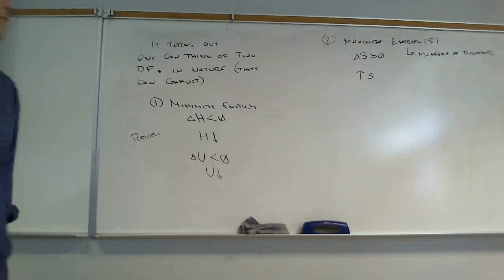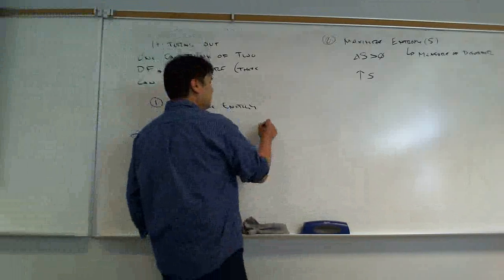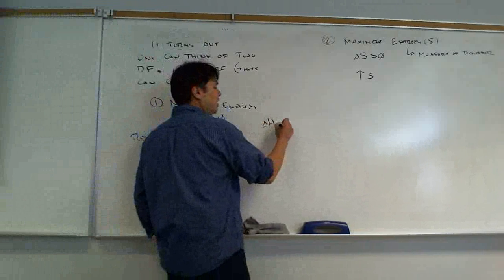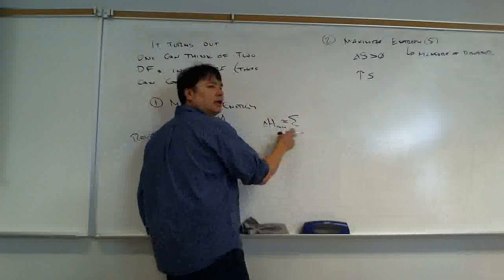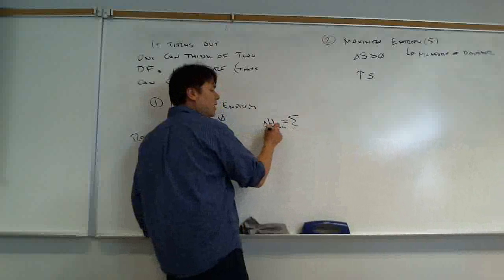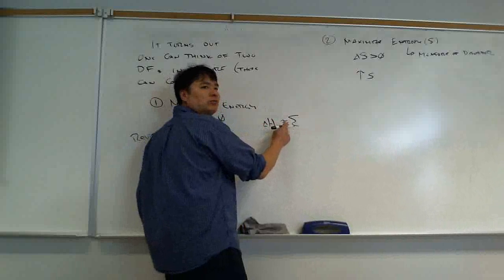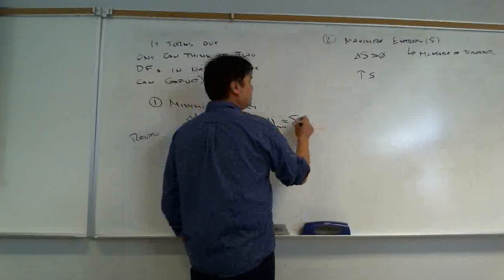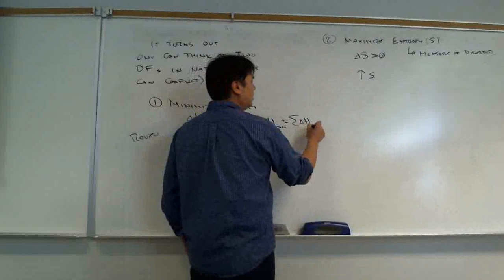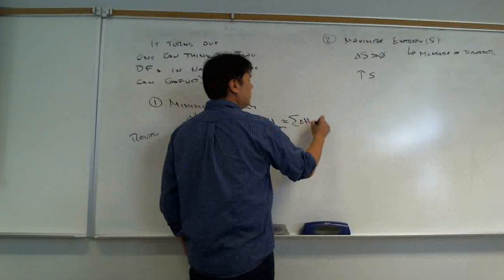But the difference in bond energies, the delta H of the reaction, I wrote these squiggly lines to represent that. Delta H of the reaction can be estimated from the difference in bond energies. The sum of the delta H of the bond energy for the reactants.